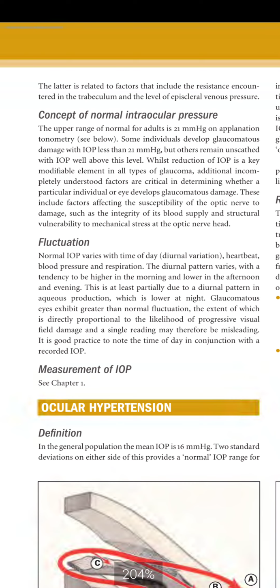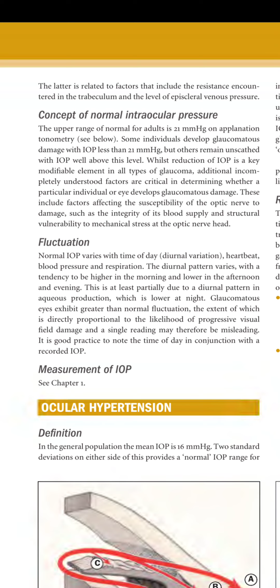Concept of the normal intraocular pressure. The upper range of the normal for adults is 21 millimeter mercury on applanation tonometry. Some individuals develop glaucomatous damage with IOP less than 21 millimeter mercury, but others remain unscathed with IOP well above this level.